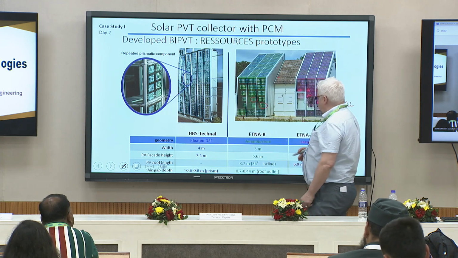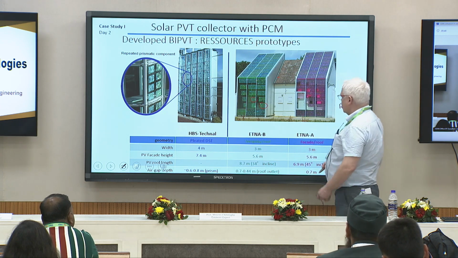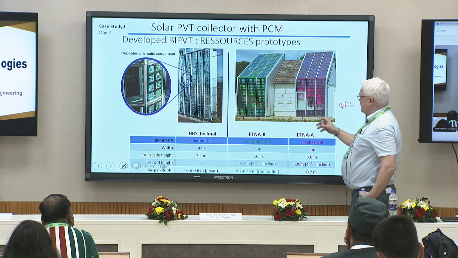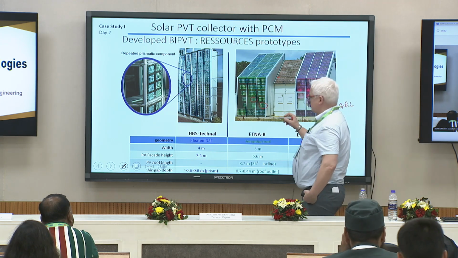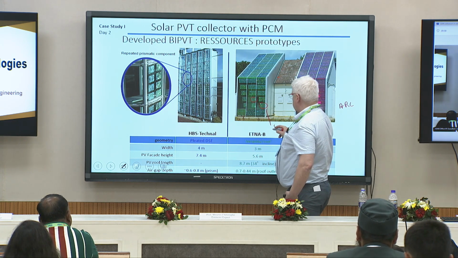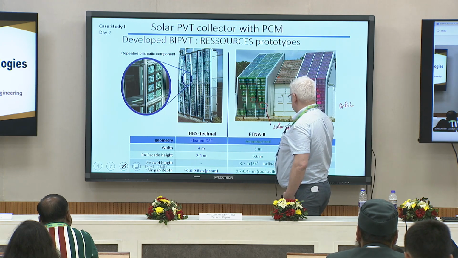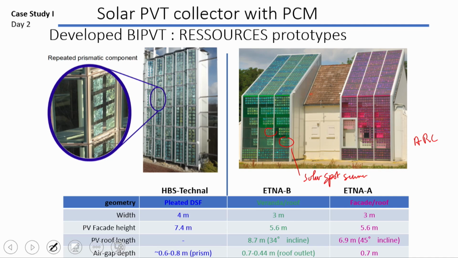So not here, it's fully opaque, but here, the principle is to let some light go inside the house and to concentrate the cells where there is a solar spot in summertime. So it is to protect the building from overheating.